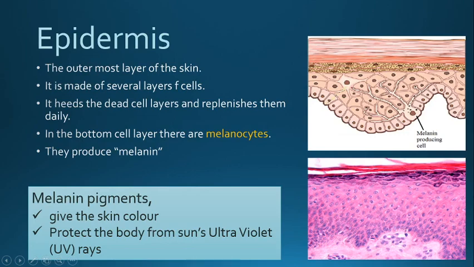First of all, I am going to explain the epidermis. It is the outermost layer of our skin. It is made of a few cell layers. The outermost cell layers consist of dead cells, and the lower cells are viable, or living cells. The epidermis is renewing every day.